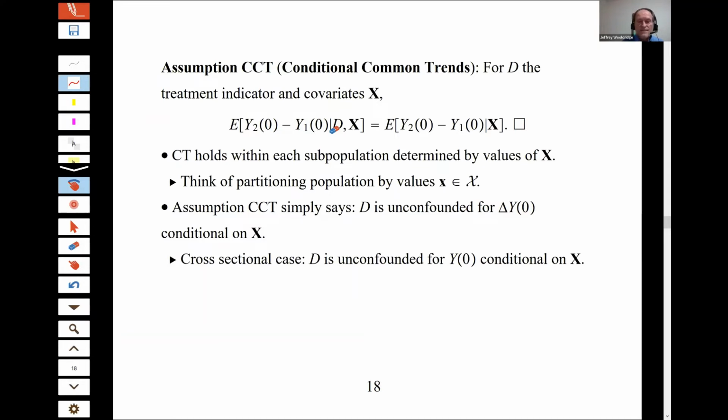It says that conditional on X, the treatment is unconfounded with respect to the change in this potential outcome, because we don't observe this for the treated group. And this is all we need to estimate the average treatment effect on the treated.